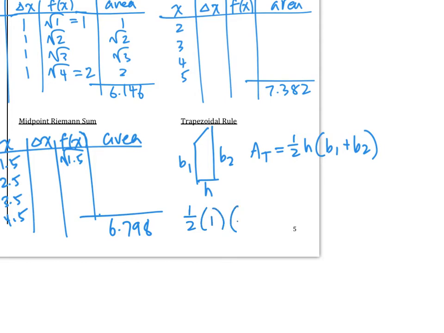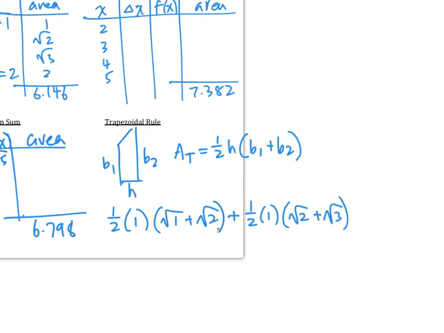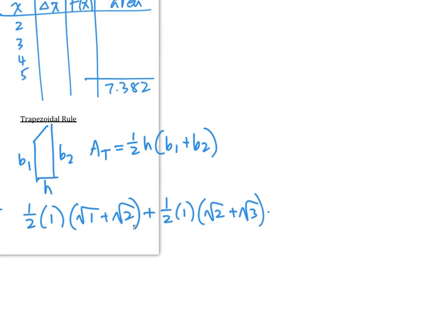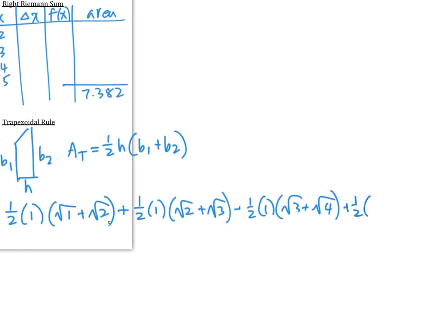Base 1 and base 2, that's the first trapezoid, plus the second one: 1/2 times height, base 1, base 2, plus 1/2 times height, base 1, base 2. And then the last one, 1/2 times 1, base 1 plus base 2.